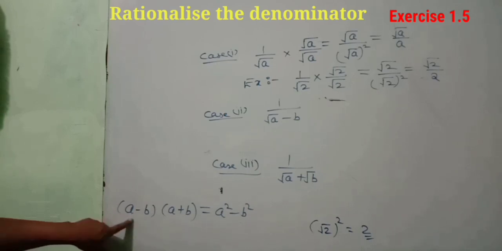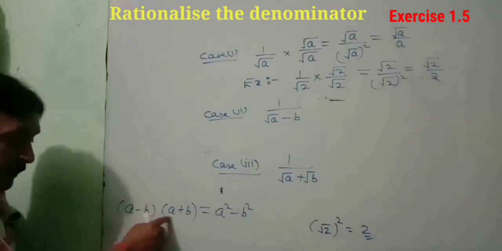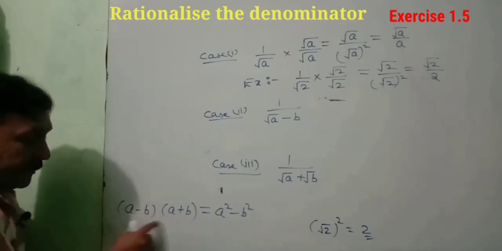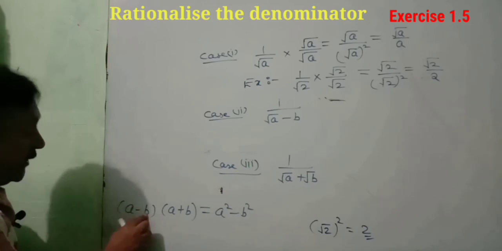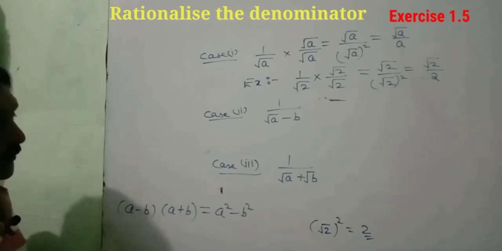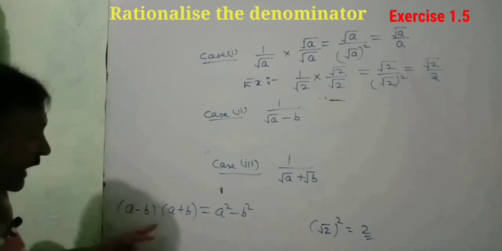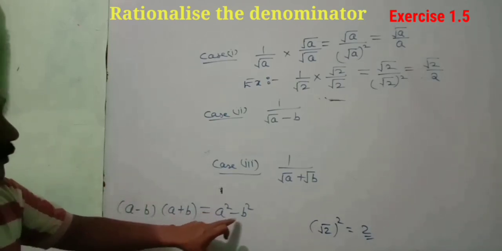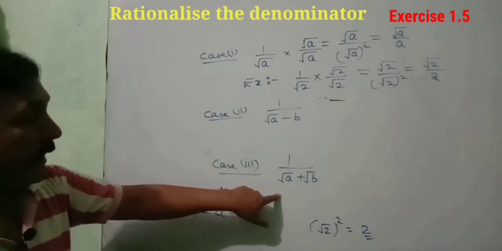Okay, it means the first number at both places and the second number at both places must be the same, but the sign between them must not be the same. If here it is negative, then here it must be positive, and then we can apply our identity a square minus b square, in both the cases. Okay, so how to do it?